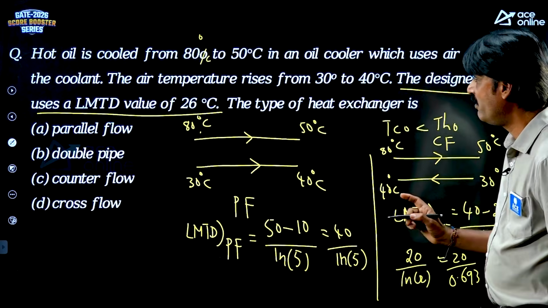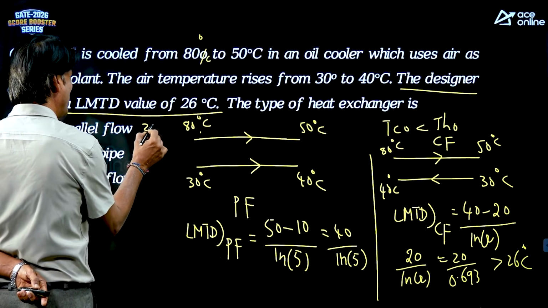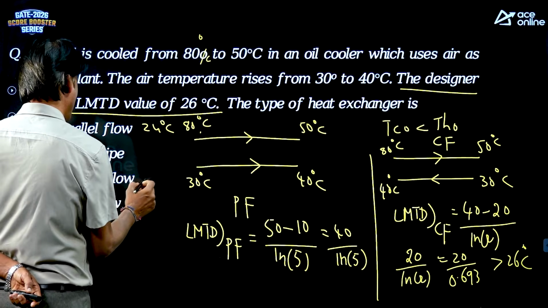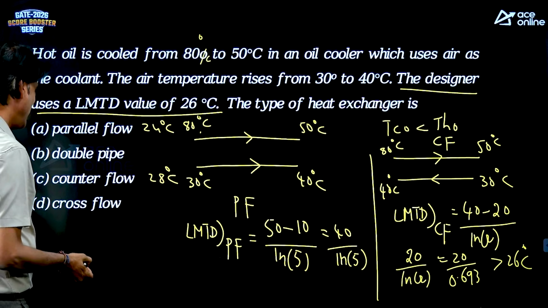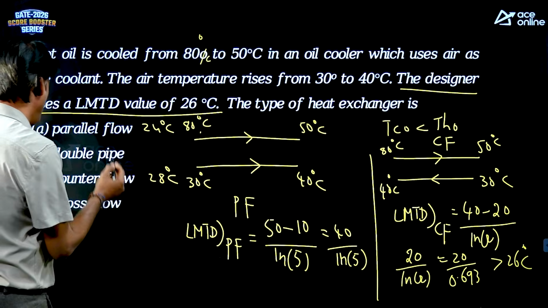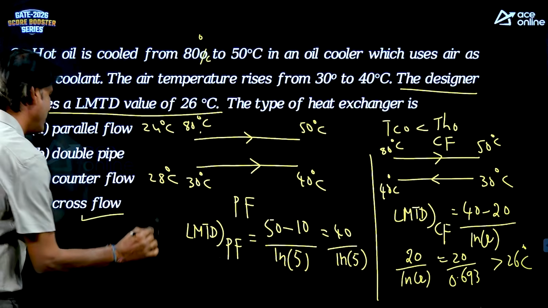Whatever value you calculate, parallel flow gives around 24 degrees centigrade and counter flow around 28, if you want to check it. But you are getting a value between parallel and counter, so the answer should be cross flow.